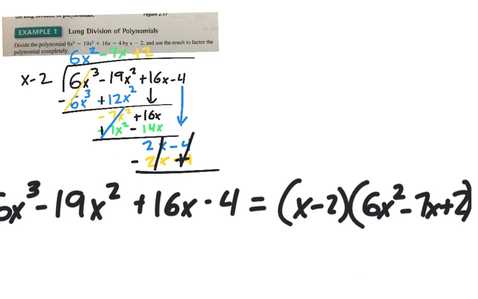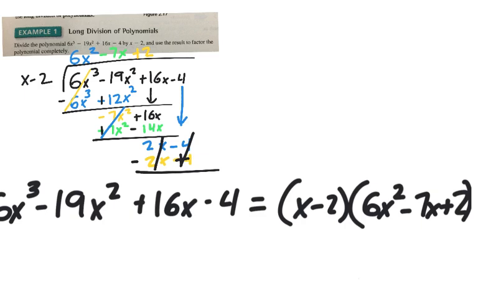Any questions about where I got this from? My original is now equal to the thing I divided by times what was left over as my result. Questions? Now it tells me to factor completely.